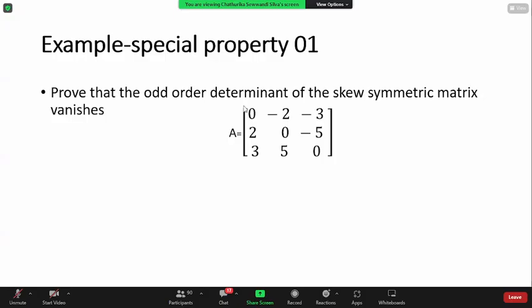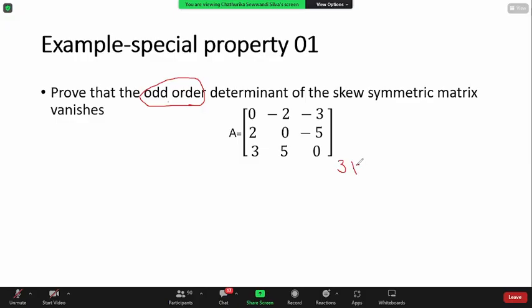Why is it telling us to prove that the odd order determinant of a skew-symmetric matrix vanishes? Remember that they are specifically saying odd order. So what do we mean by odd order? What is the order of this matrix? 3 by 3, right? In order to find a determinant, a matrix should be a square matrix.